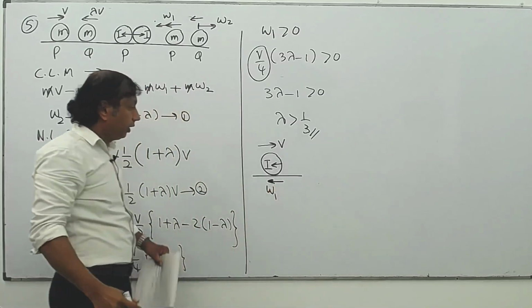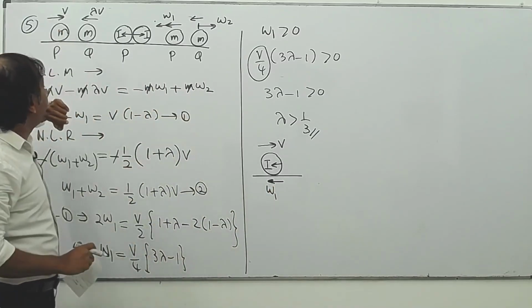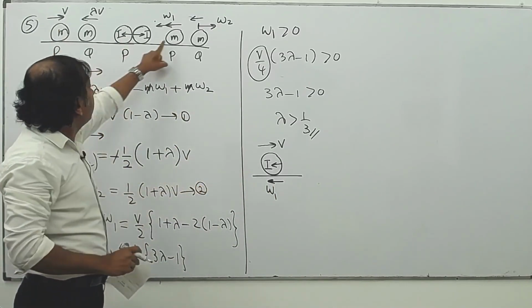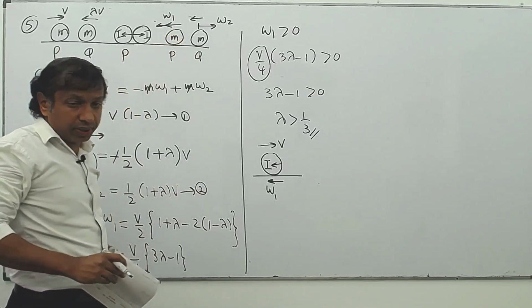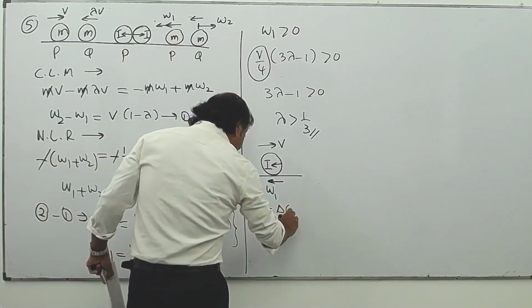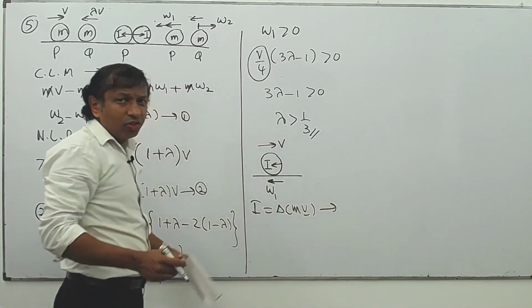Before collision, moves with velocity V, I comes in leftward. After impact, we mark W1 leftward. Then apply I equals delta mv rightward, okay?